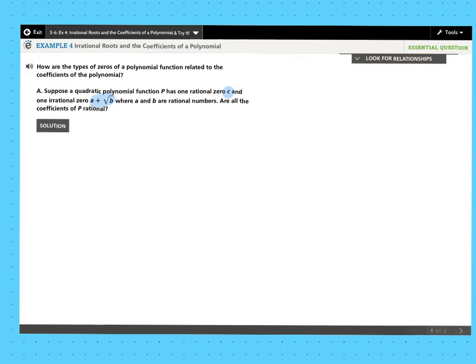So, and we also have a polynomial. So if I want to write it out, I've got c, so x minus c is one of the factors, and x minus a plus root b would be the second factor, right? You do some expanding, let's see.